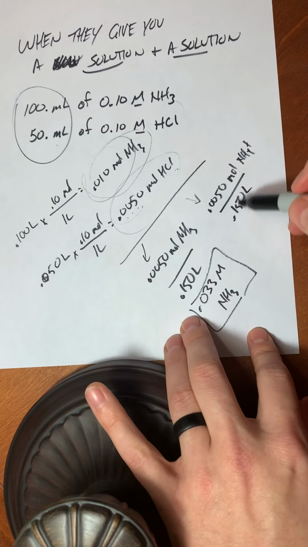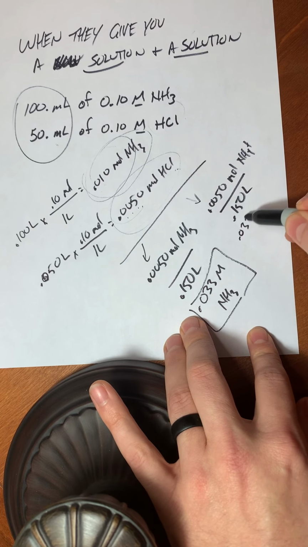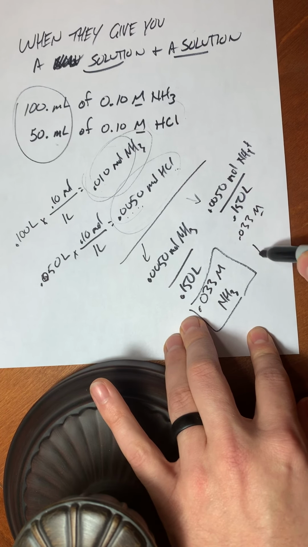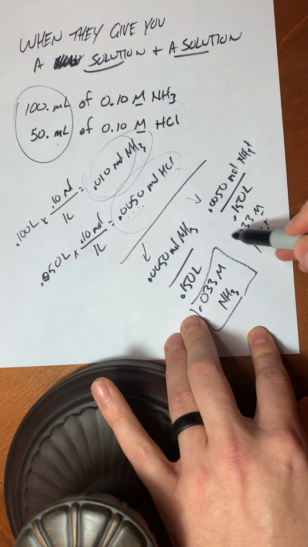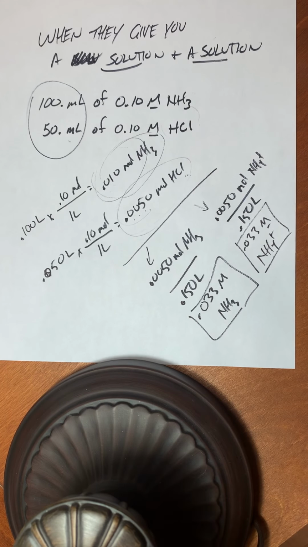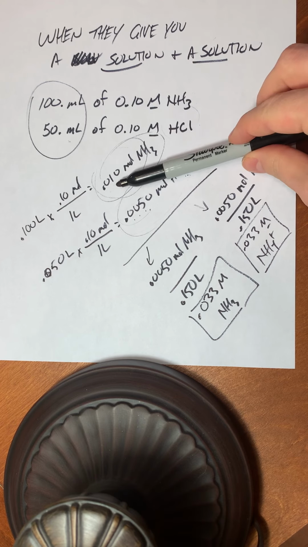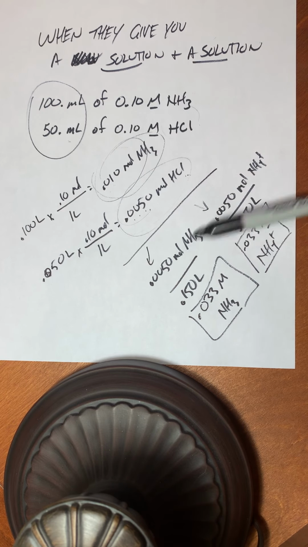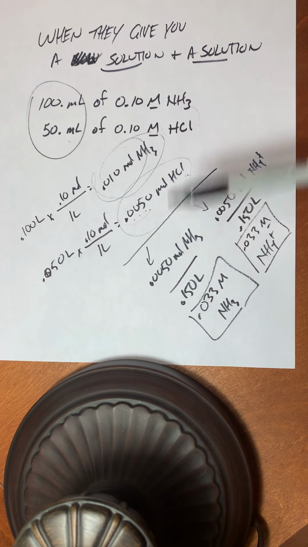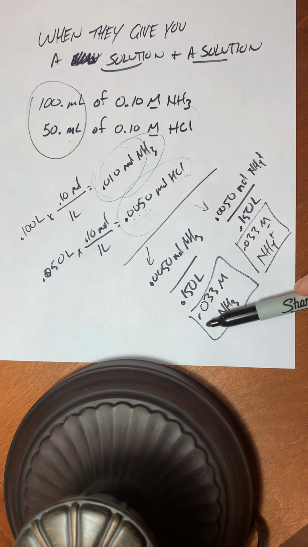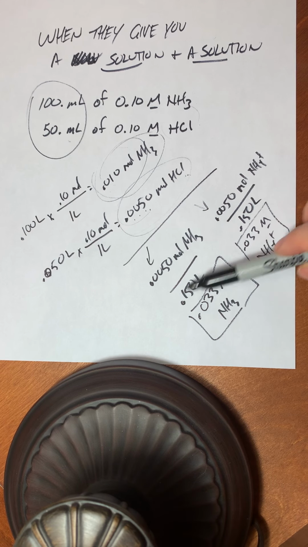And I actually have 0.033 molar ammonium ion to plug into the conjugate acid side of my table. So I converted 0.005 moles of the ammonia, and the new mixed value before it reaches equilibrium, these initial values, is 0.033 molar, dividing by the 150 milliliters.